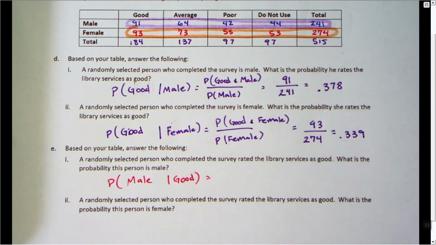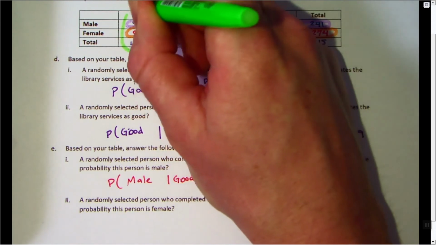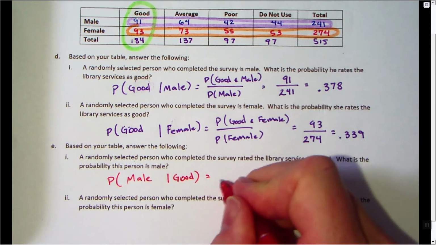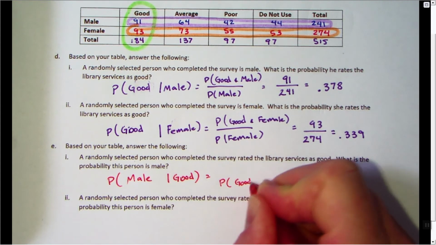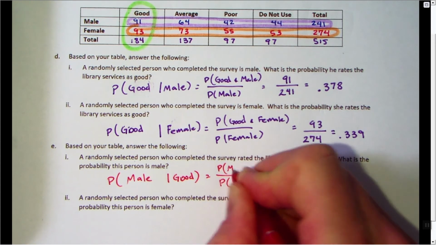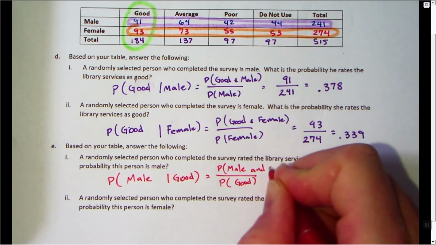Now I'm looking at this column right here. Out of those who rated it as good, the chance that they are male.